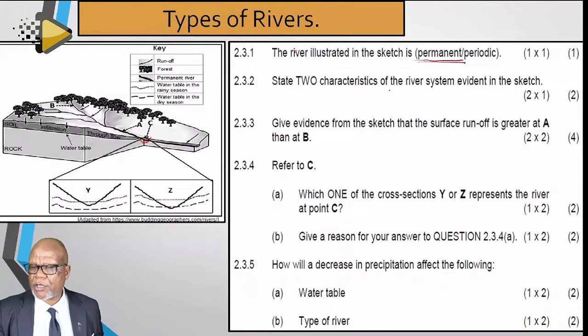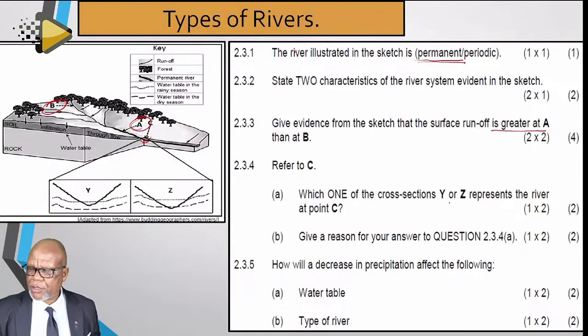The question says, state two characteristics of the river system evident in the sketch. Now, what is it that you see in the river? Give evidence from the sketch that the surface runoff is greater at A than at B. So this is A and this is B. We'll look at the answers there.